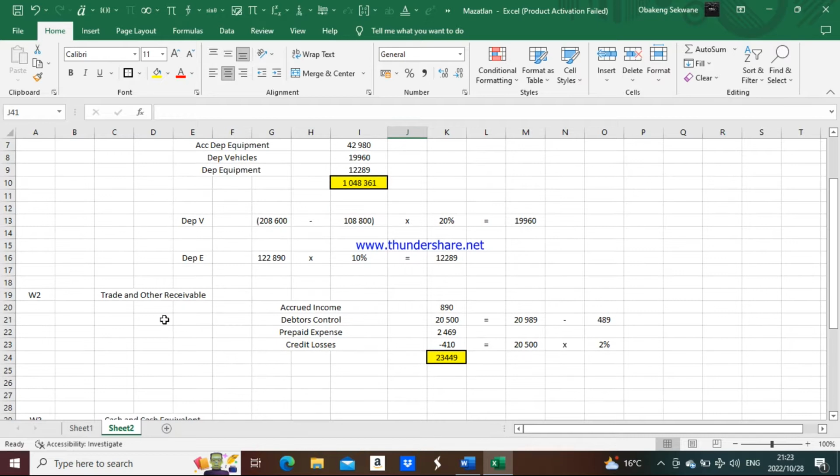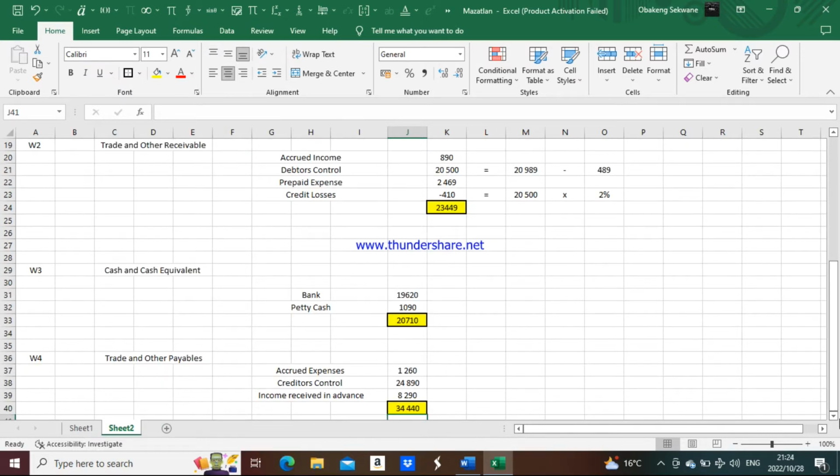Then we have our workings 2, trade and other receivables, where we took our accrued income and debtors and then added our debtors control. In our debtors control, if you remember, this 489 was the debtor who was declared insolvent and could not pay off their debts, and we wrote them off. This was a debtors control balance that we had at the time. Then we had our prepaid expense, and here we had our credit losses, which was 22% of our debtors control. Then here was the total.